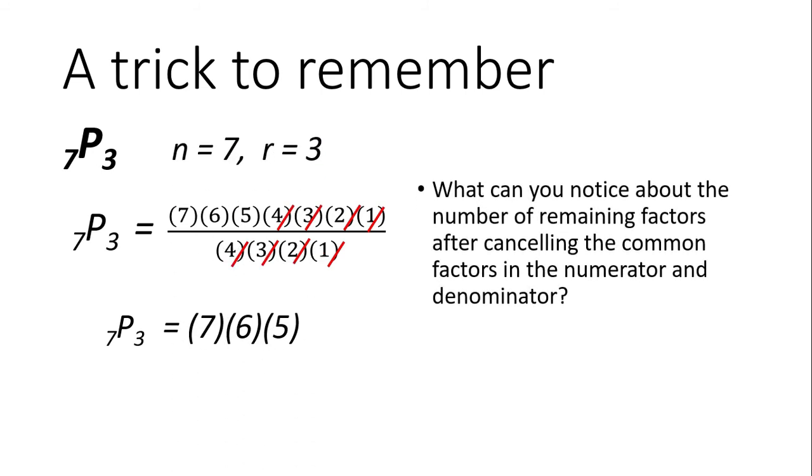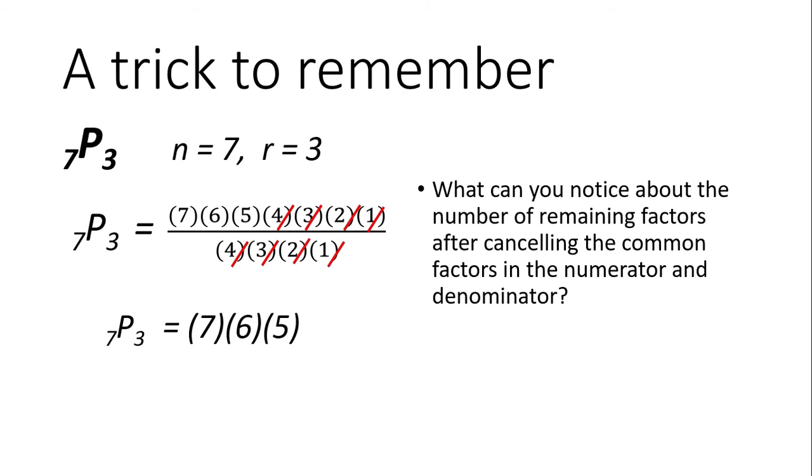What can you notice about the number of remaining factors after canceling the common factors in the numerator and denominator? The number of remaining factors is the same as the value of r, which is 3.